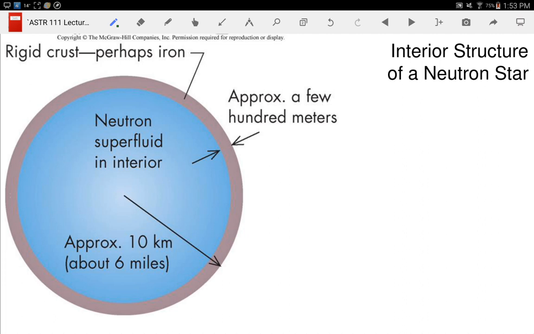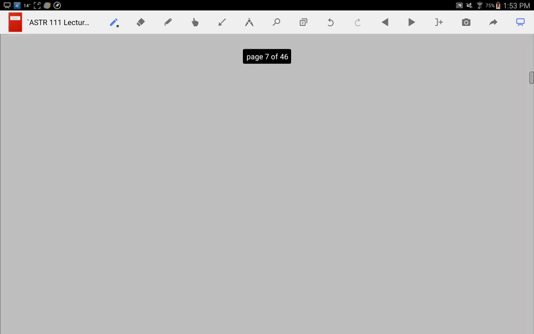Let's not worry about what that means. What it means is you have these neutrons packed really tight. The exterior is supposed to possibly be iron. Why iron? Well, it was the endpoint of fusion that was giving off energy, so it seems like there should be some there according to calculations.